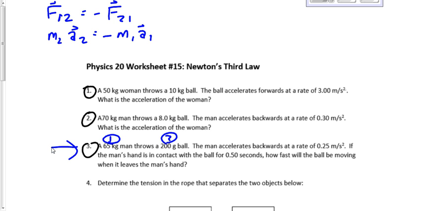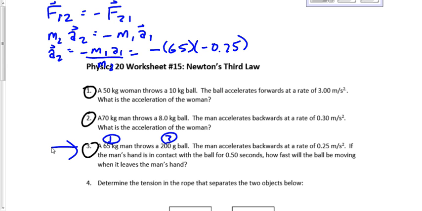M2 is the mass of the ball. Here, let's rearrange it, actually. We have the acceleration of the man, so let's find the acceleration of the ball, A2. It's equal to negative M1 A1 over M2. So that's negative M1, negative 65, times A1, which is, let's make that negative 0.25.